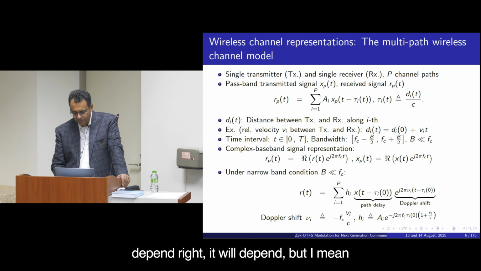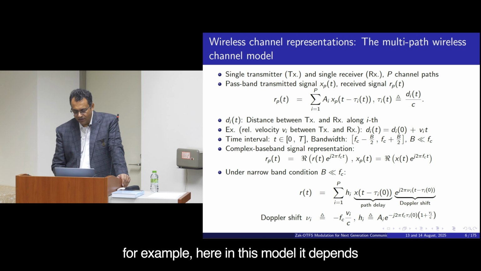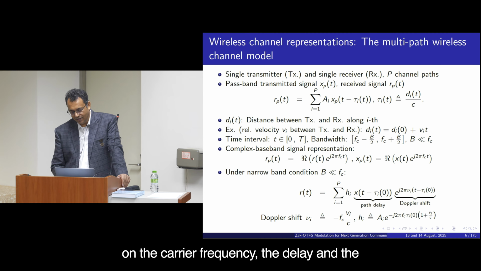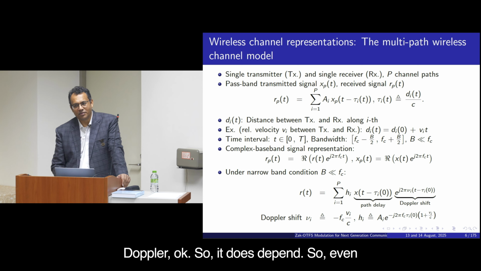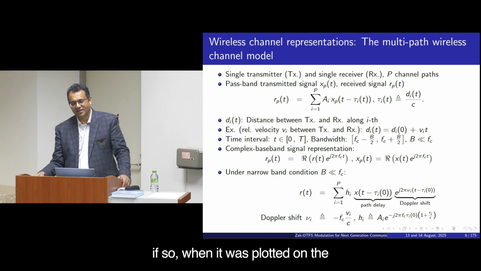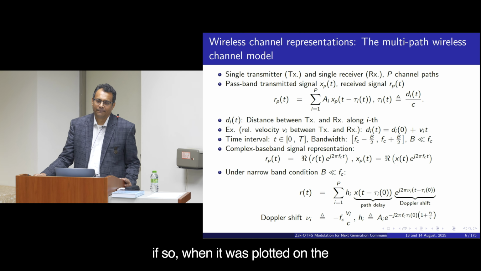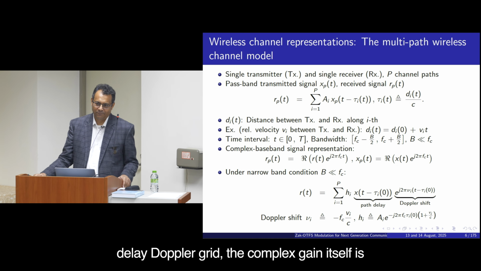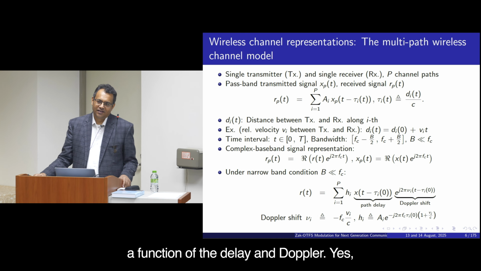For example, here in this model, it depends on the carrier frequency, the delay, and the Doppler. So it does depend. Even when it was plotted on the delay-Doppler grid, the complex gain itself is a function of the delay and Doppler. Yes, right?